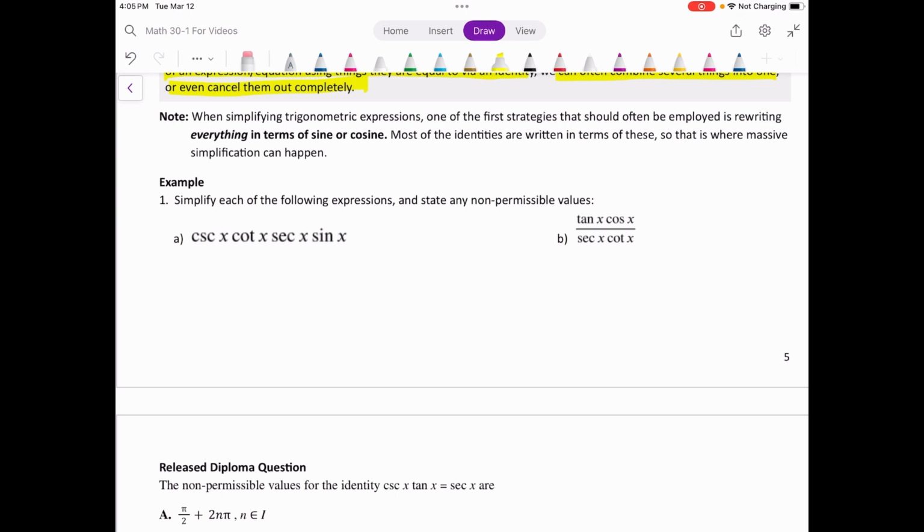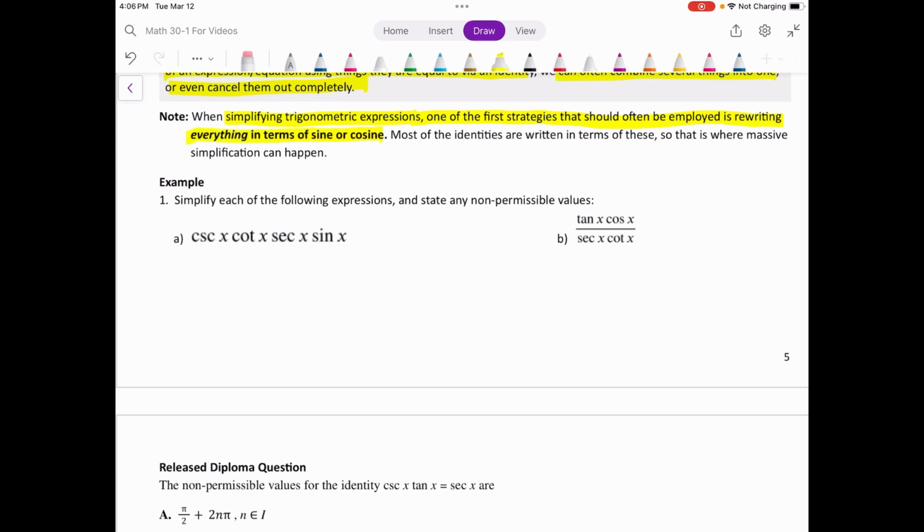Okay, let's try some of these examples out where we employ these trig identities. Quick tip right off the bat that is going to apply for lots of trig identity stuff. It's not always 100% the number one move, but it's often a good idea. When simplifying trig expressions, one of the first strategies that should often be employed, I'd say 95 times out of 100, and it's never something you'll regret, is rewriting everything in terms of sine or cosine.